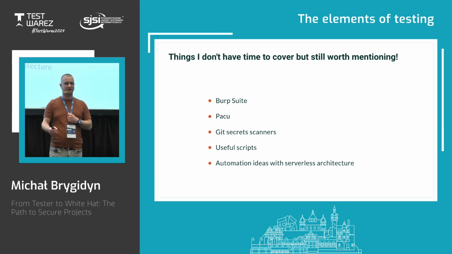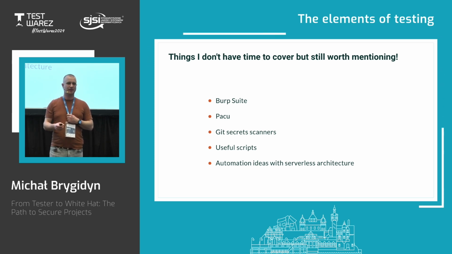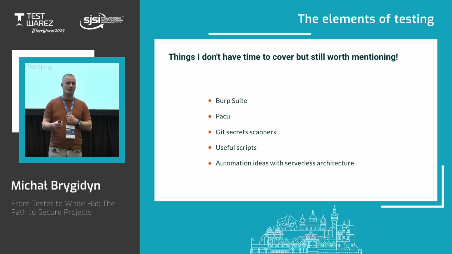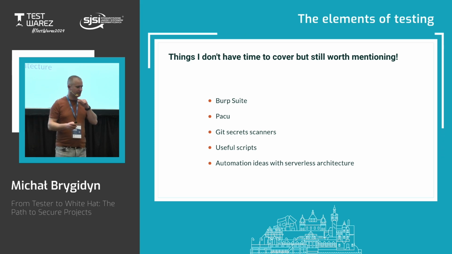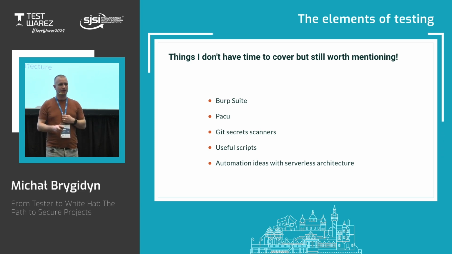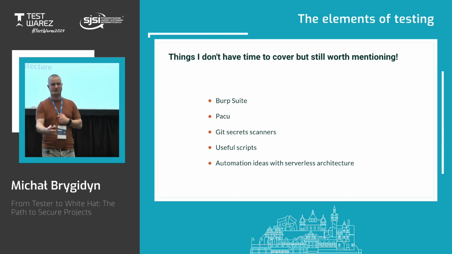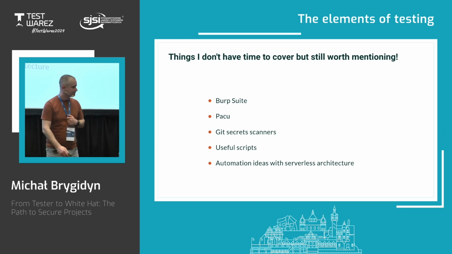Sometimes a developer makes a mistake, pushes a key, but then realizes, oops, that's a problem. I will push a new version with some dummy value. But the most important part was missed: rotating the key, changing the password. Git remembers. So you can ask Git, hey, do you remember any interesting stuff there? And it will tell you, these are the passwords, these are the keys. And if you find it, big red flag.